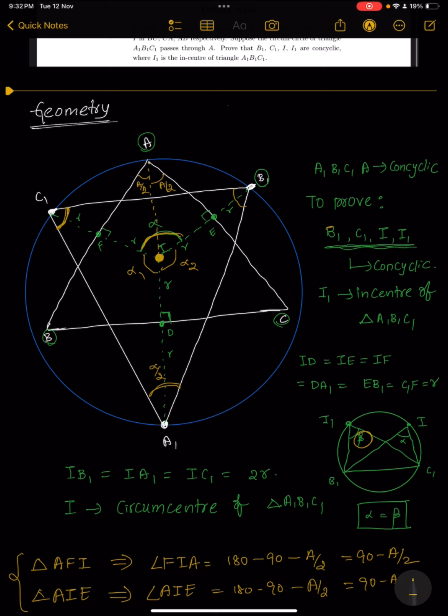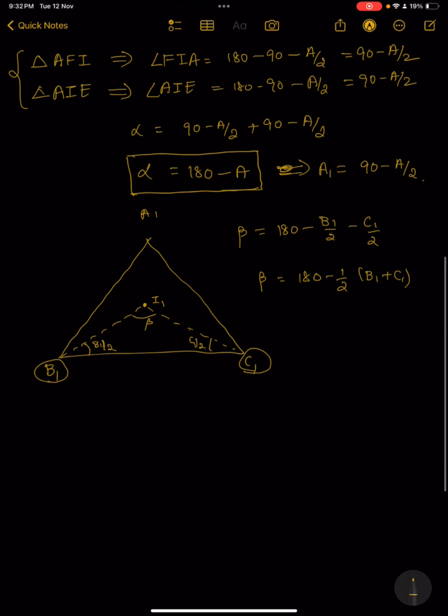Similarly, if we find out alpha 1, B1 will be half of alpha 1, C1 will be half of alpha 2. So here we already found out A1. So similarly, B1 will be 90 minus B by 2, C1 will be 90 minus C by 2.